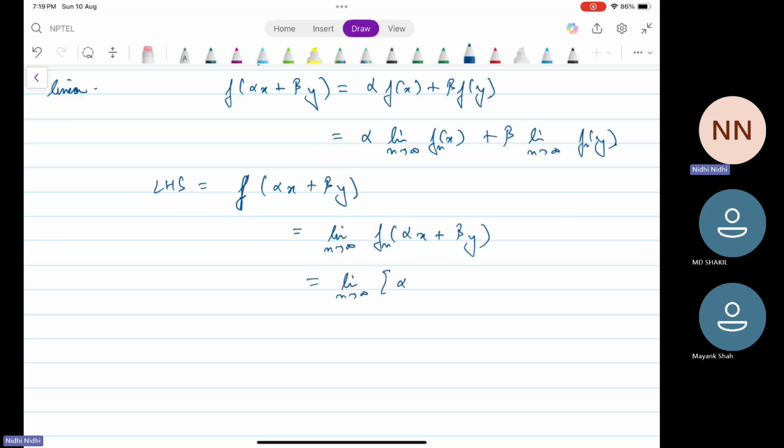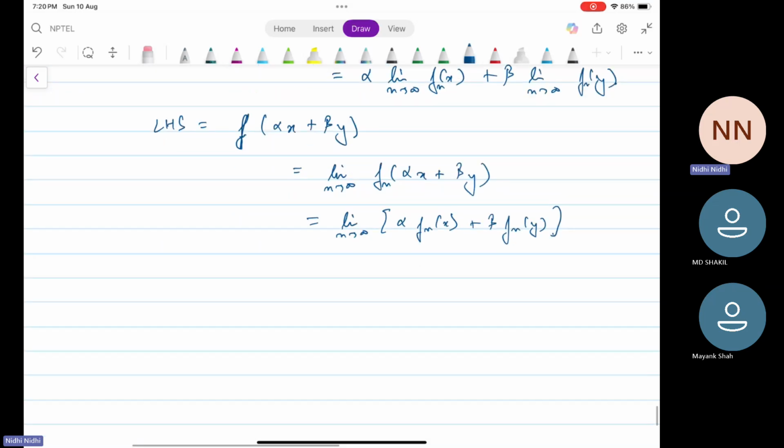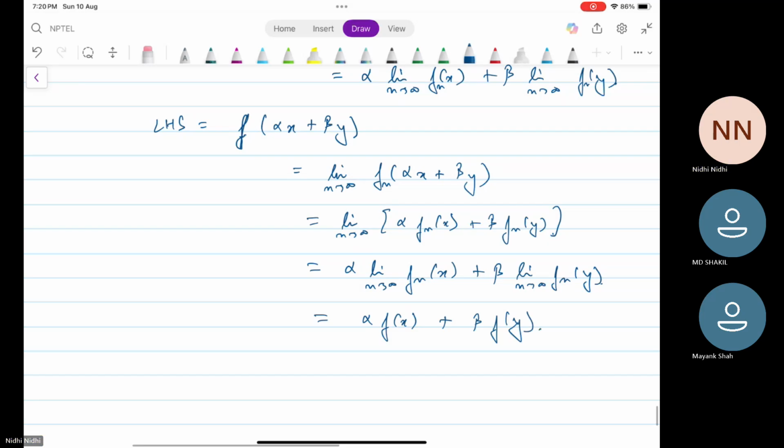I can write this as alpha Fn x plus beta Fn y. And by the algebra of limits, I can write it as alpha times limit n tending to infinity Fn x plus beta times limit n tending to infinity Fn y. And this is by definition alpha Fx plus beta Fy. So therefore, this F is linear.